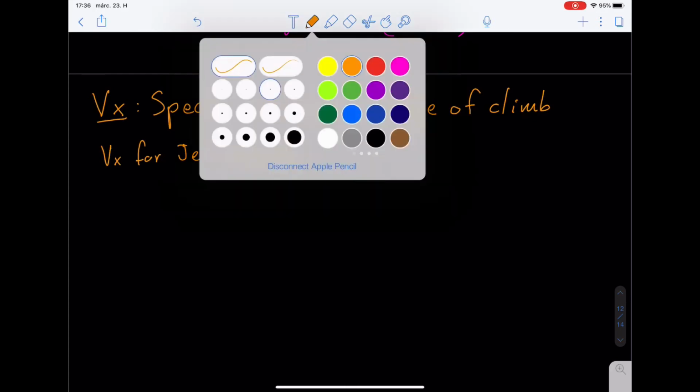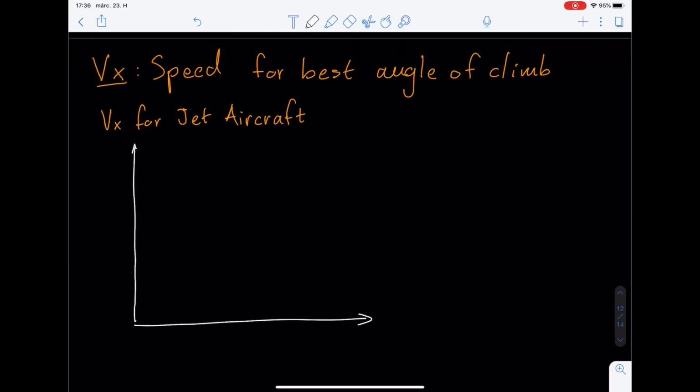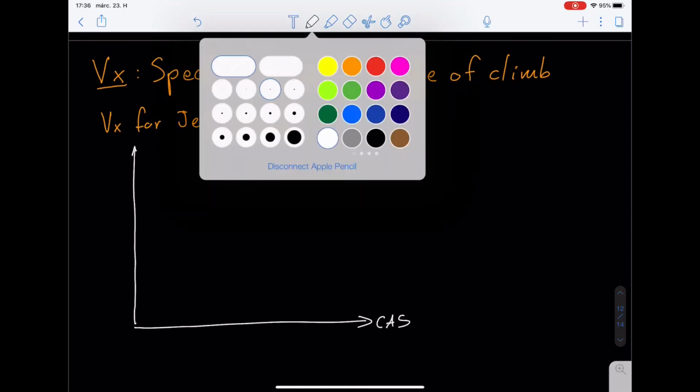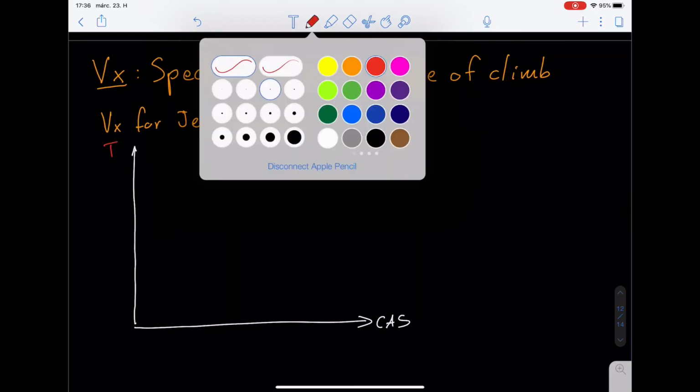So let's plot the thrust and the drag for a jet aircraft. Here we can have calibrated speed or true airspeed, it doesn't really matter for this kind of discussion. Let's use calibrated airspeed. I'm going to use the same colors as Pet Pilot does: red for the thrust, and blue for the drag.